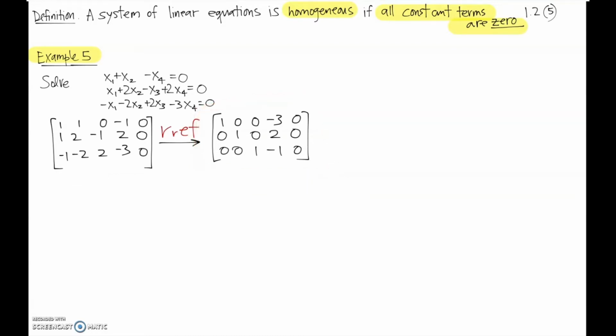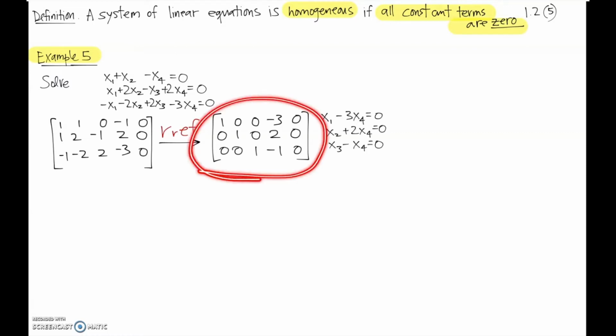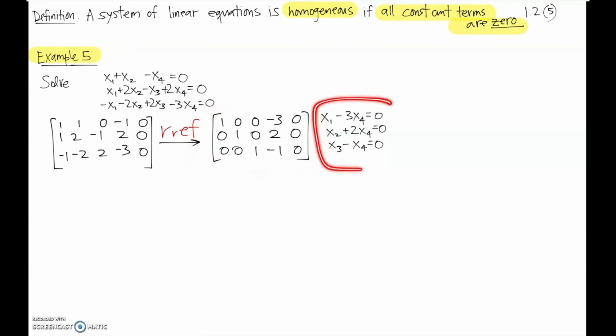Okay, so I'm going to rewrite each of these rows of the matrix back as an equation. So this is interesting. I had this reduced echelon form. There was no row of zeros though, but it looks like I've got a dependent system. And this is because I have more variables. I've got 4 variables and only 3 equations.